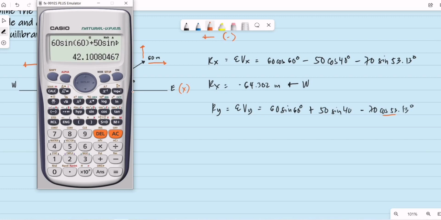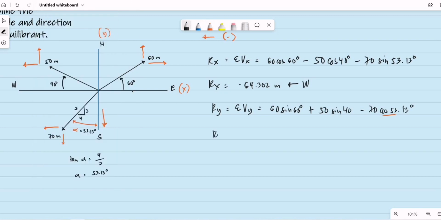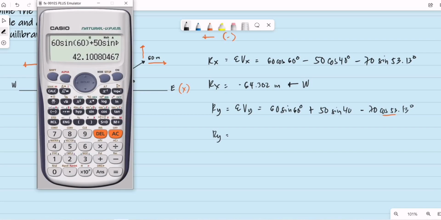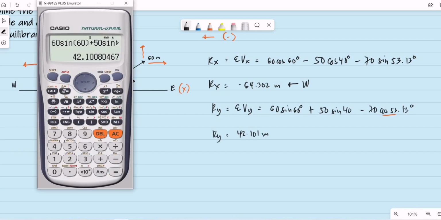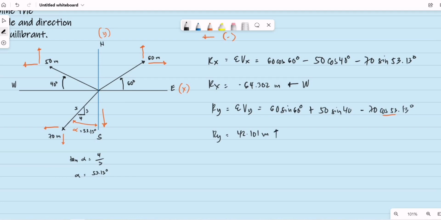We'll just be using 3 decimal places. So Ry is equal to 42.101 meters. And since it is positive, its direction is towards the north.